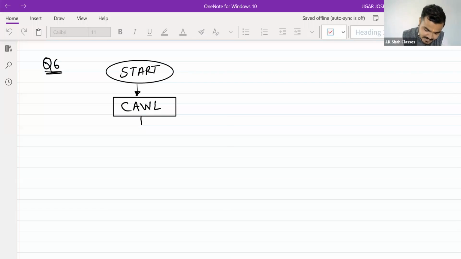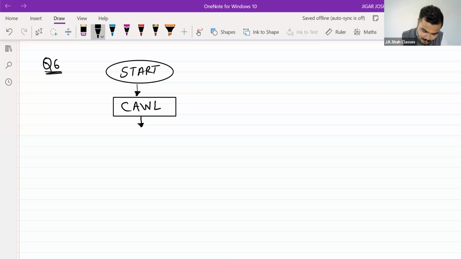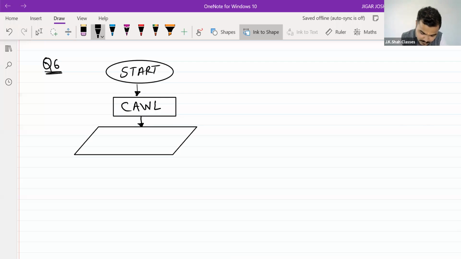After CAWL, we'll use the input box, but the command will be read. What to read, my dear students? Category of product and value of goods.